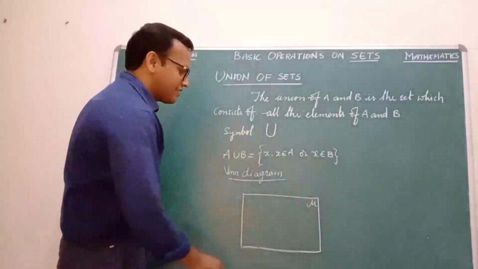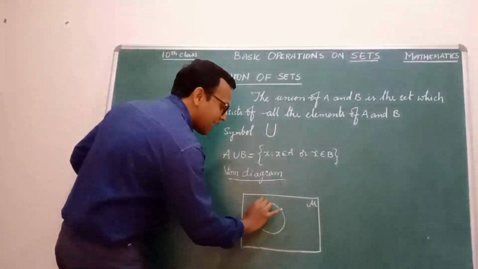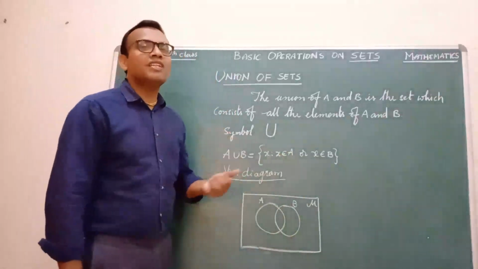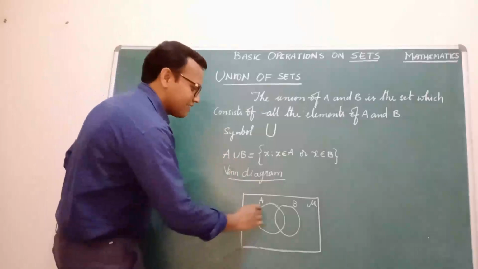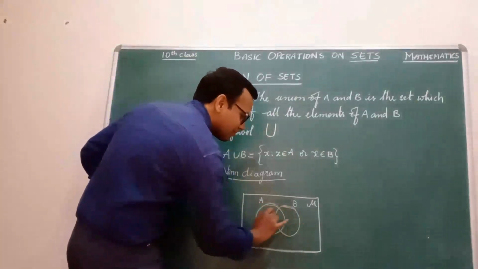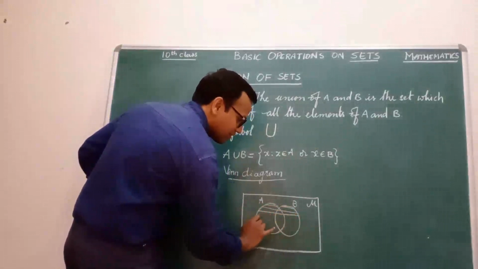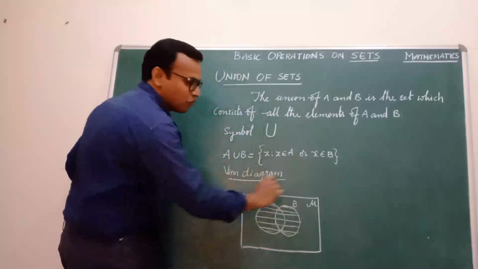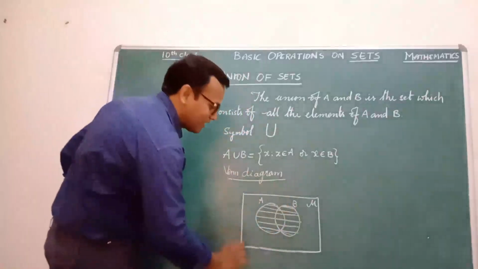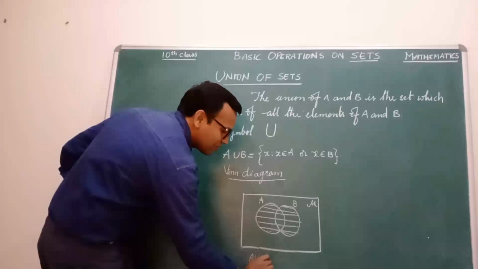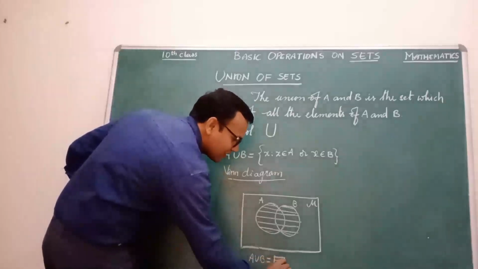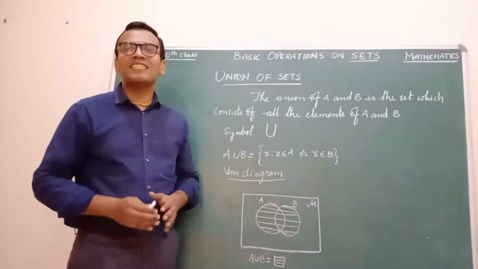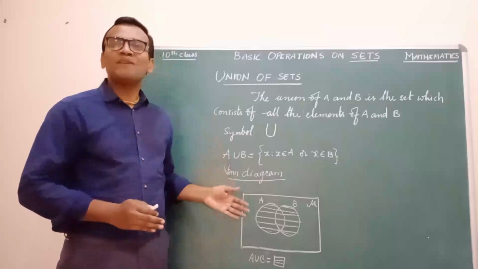In this there are two sets, set A and set B. Now the union of A and B will be like this. So the total shaded region is A union B. A union B will be the region which has the shading. This is the way of representing A union B in Venn diagrams.